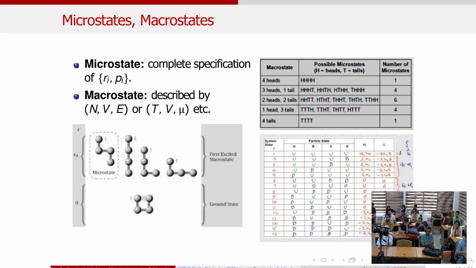Okay, so you can understand that corresponding to a macrostate, there may be many possible microstates. In the system, the particles are changing their direction up and down continuously, but they will fall in one of these conditions only.